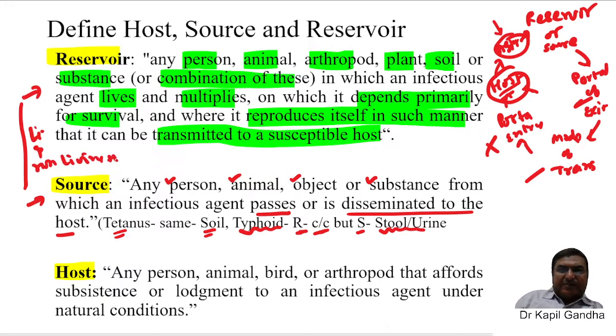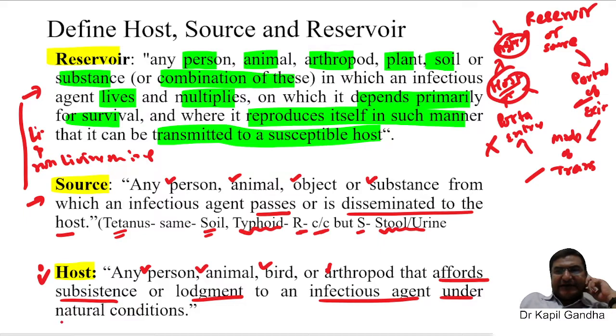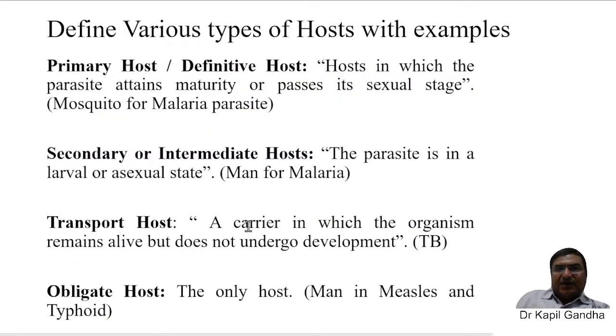In case of host, it is always a living thing: any person, animal, bird, or arthropod that affords subsistence or lodgement to an infectious agent under natural conditions. So a susceptible host is the host in which you don't have the facility of immunity, so that host can be the target for the infectious disease.